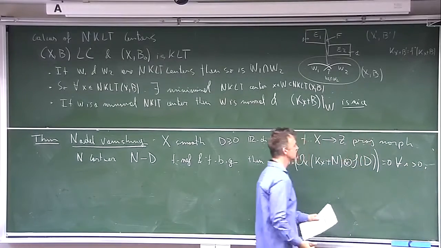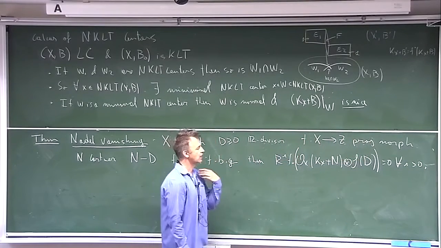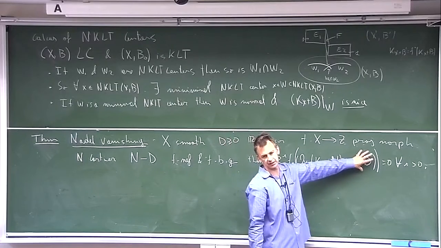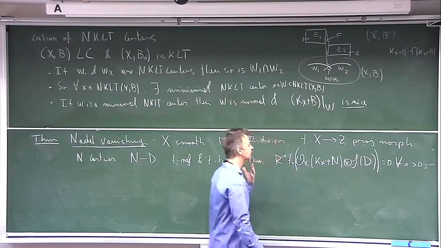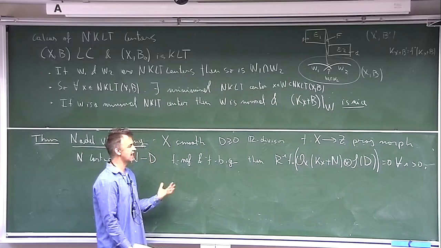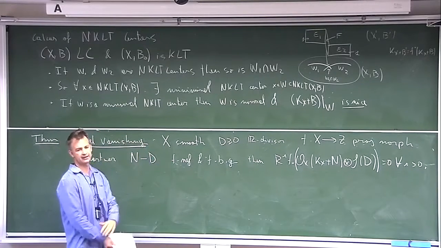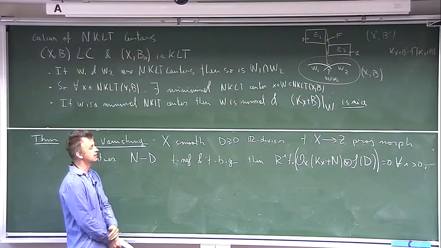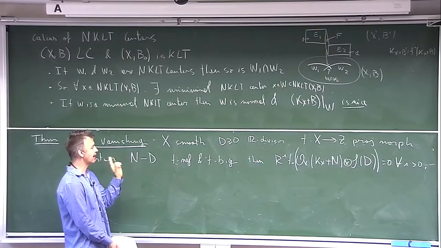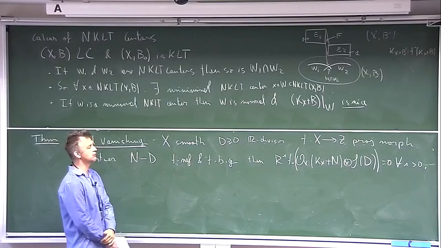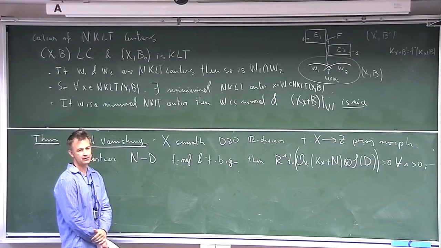Okay, so how does this compare to Kawamata-Viehweg vanishing? Well, Kawamata-Viehweg vanishing did not have the multiplier ideal sheaf here, but it had one extra assumption. It's essentially the same, except that K_X plus N is what I called L in the previous statement. It's essentially the same, but I had one more hypothesis. I had the hypothesis that (X, D) was Kawamata log terminal, right?